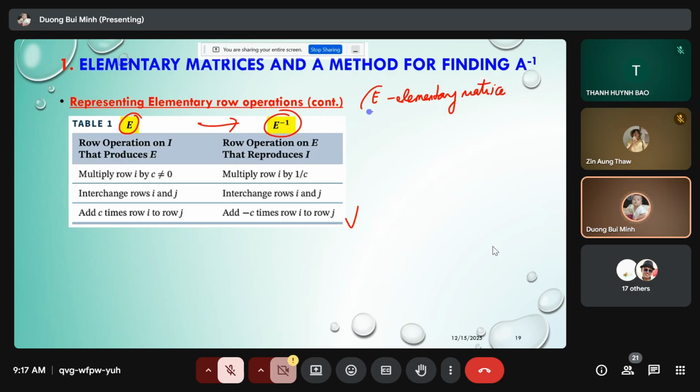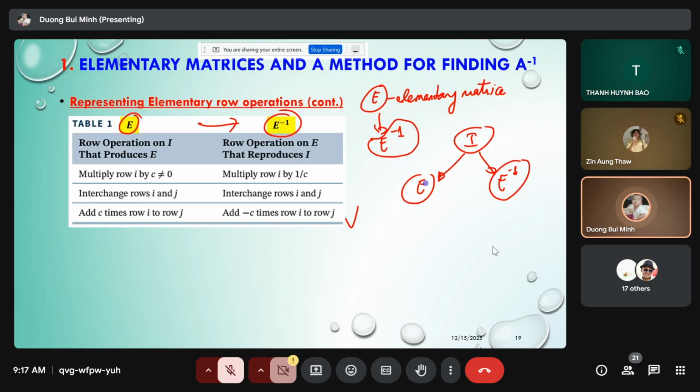If we know E, we can get the inverse of E according to this table. Of course, to get E or the inverse of E, we start from I, the identity matrix.